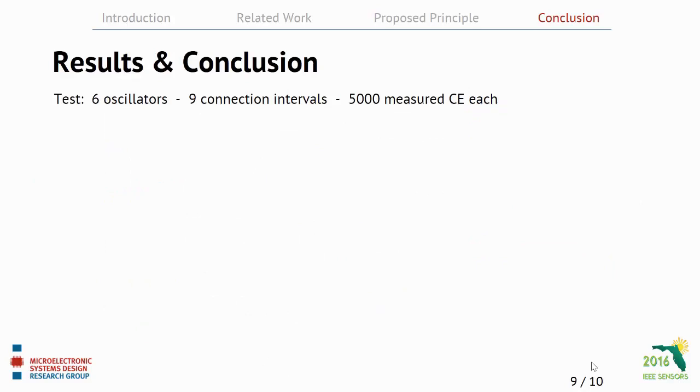Each setup means we also wanted to find out the impact of connection parameters like the connection interval. That's why we tested 9 different connection intervals. We furthermore tested 6 different oscillators with different accuracies. These are the oscillators that control the link layer activity, like the frequent wake-ups. So it's a very important parameter here.